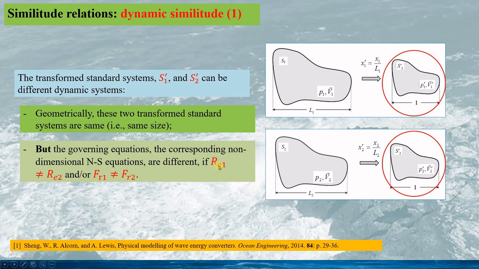If the Reynolds numbers Re1 and Re2 are not the same, and/or the Froude numbers Fr1 and Fr2 are different, this means these two transformed standard systems S1 prime and S2 prime are dynamically different.